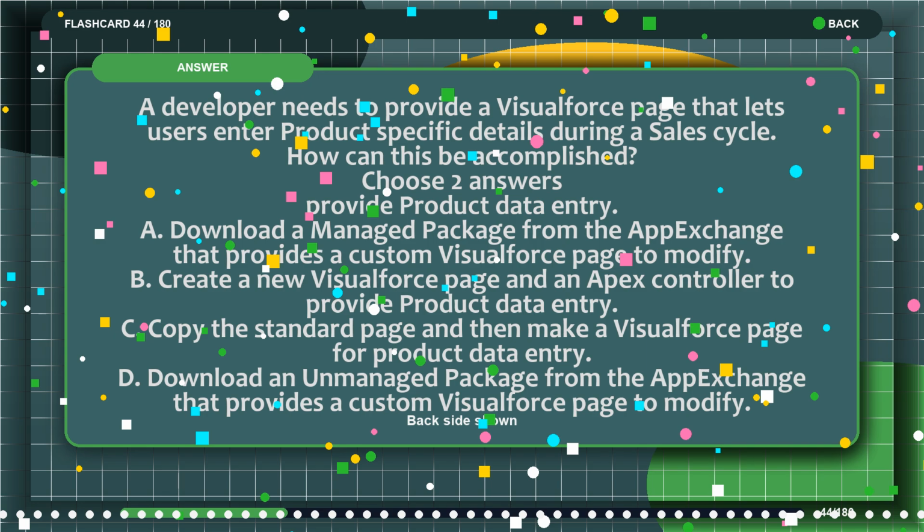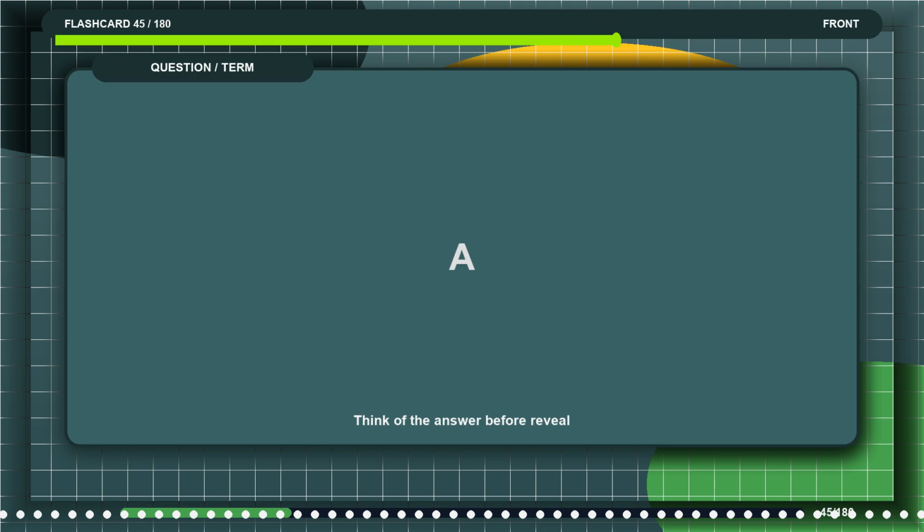B. Create a new Visualforce page and an Apex controller to provide product data entry. C. Copy the standard page and then make a Visualforce page for product data entry. D. Download an unmanaged package from the AppExchange that provides a custom Visualforce page to modify. Flashcard 45. A. Think of the answer before the reveal.